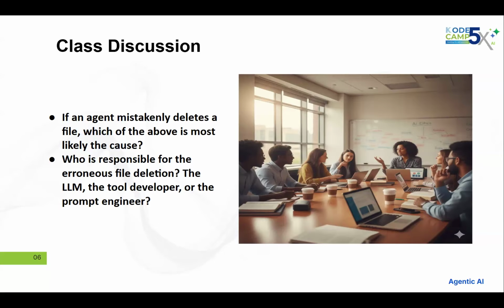I think that the developer is responsible, because even though all these LLM tools or models that we use are susceptible to failure, as a developer, if you want to build an effective system, you have to make room for this.